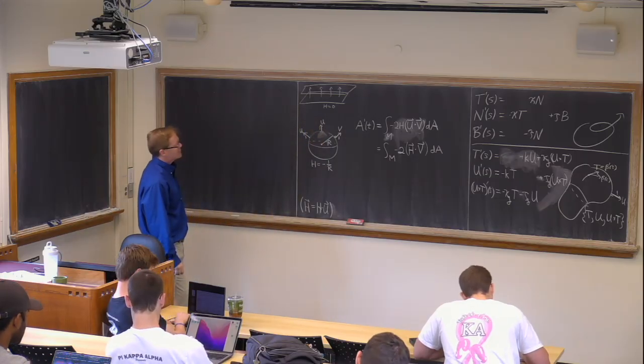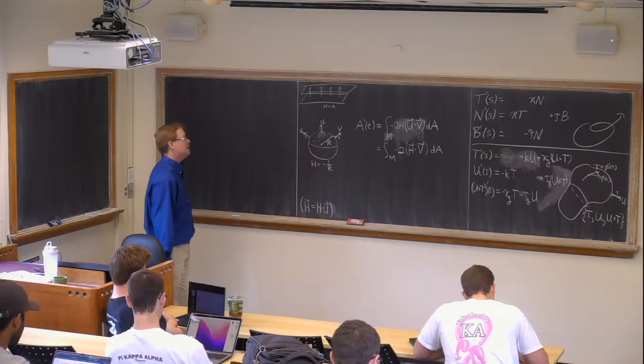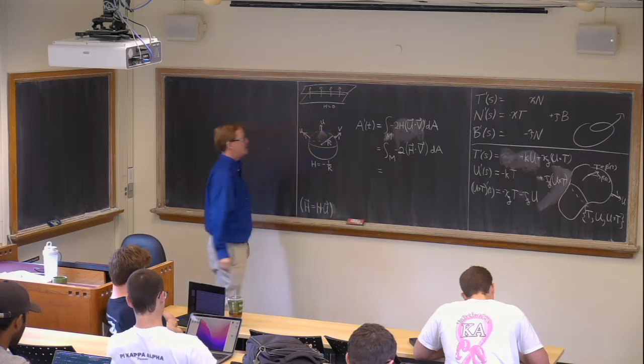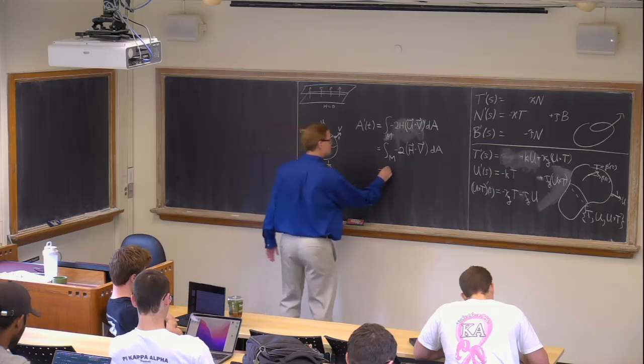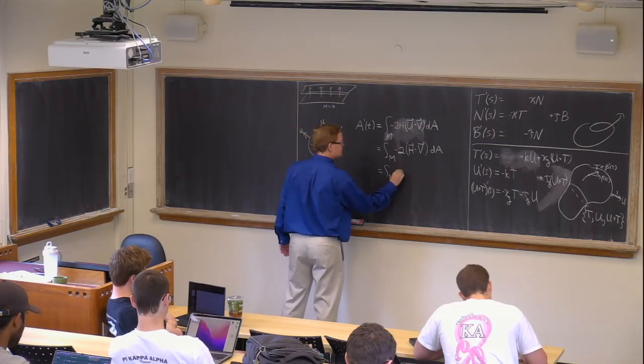Now let's see if this actually makes sense with this example we did with that v. What you get is the integral over m of minus 2.